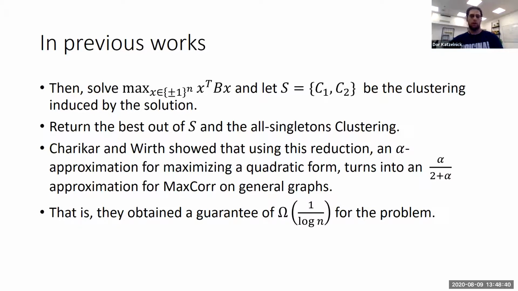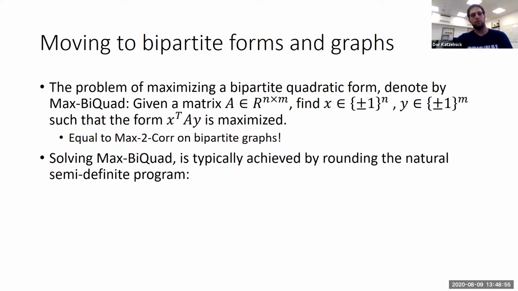So in total, you get an approximation of omega of 1 over log n for MaxCorr on general graphs. Okay, this is what Charikar and Wirth did. So we want to go from maximizing a quadratic form and general graphs to bipartite forms and bipartite graphs.